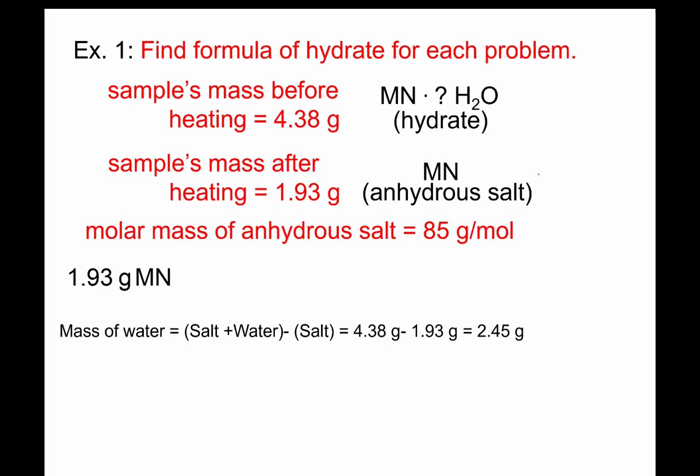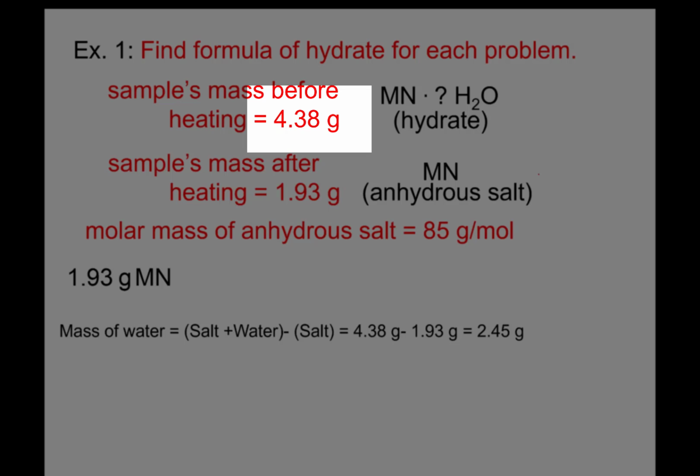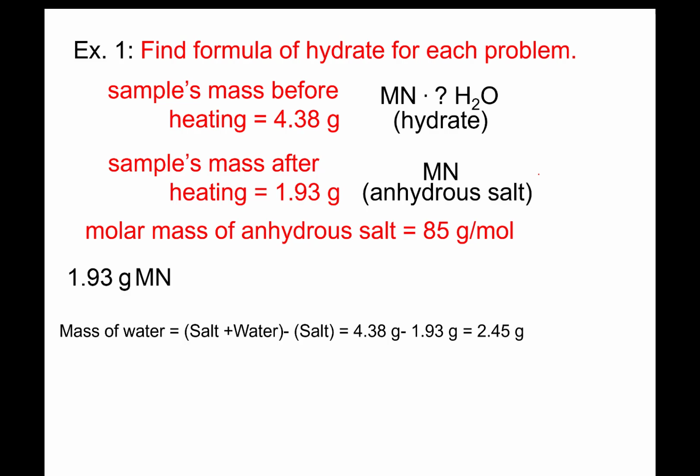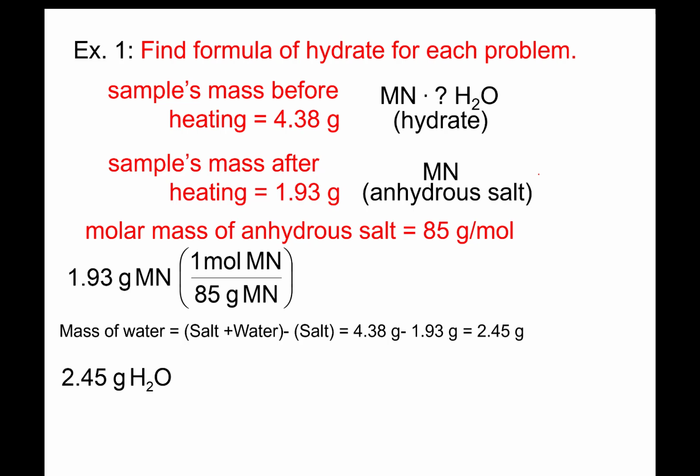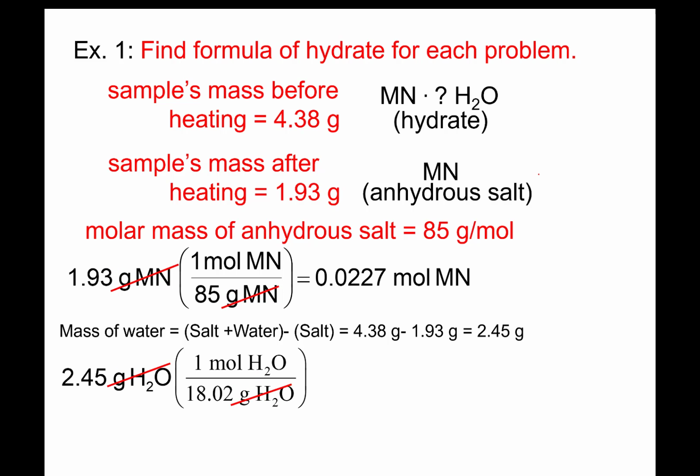To figure out the mass of water, what we do is we take the salt and the water that we started off with, which was 4.38 grams. Then we subtract the salt, which is what we were left with, 1.93 grams. So whatever the difference is represents the amount of water that evaporated. So 2.45 grams of water evaporated. So then we're going to divide by the molar mass. Again, go to 4 decimal places.